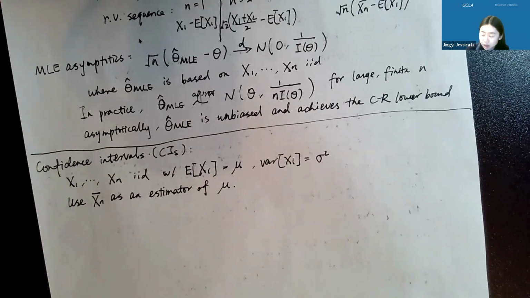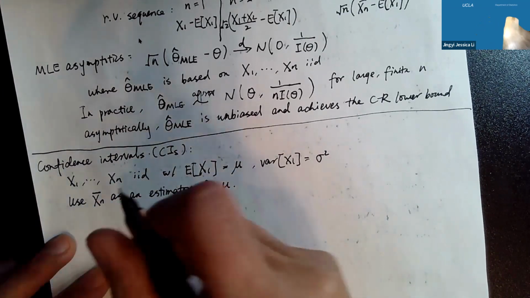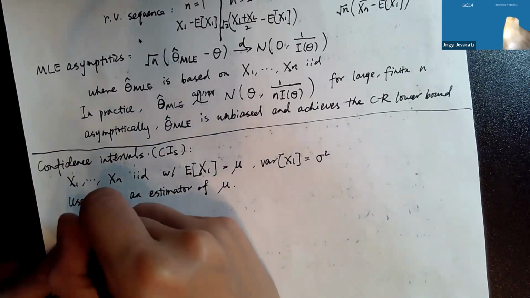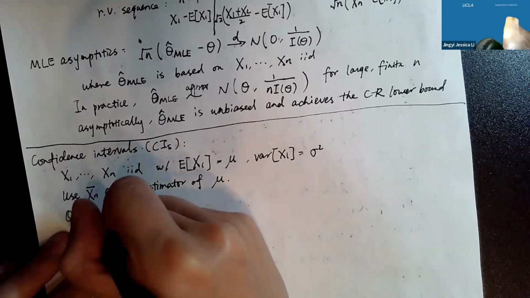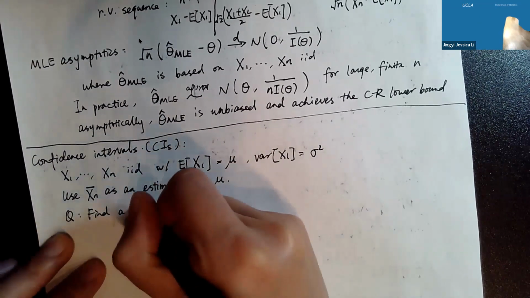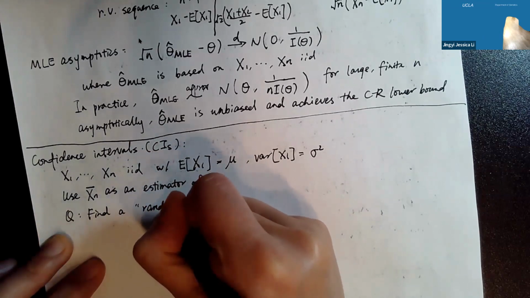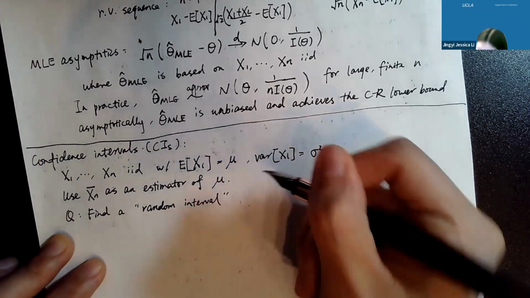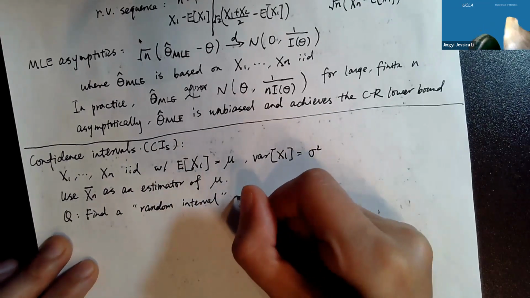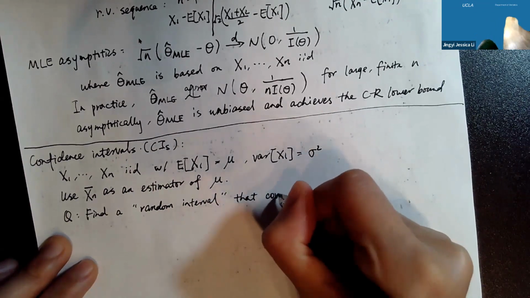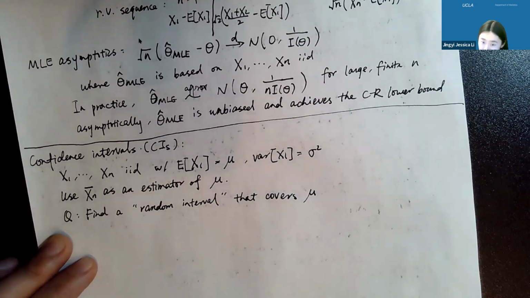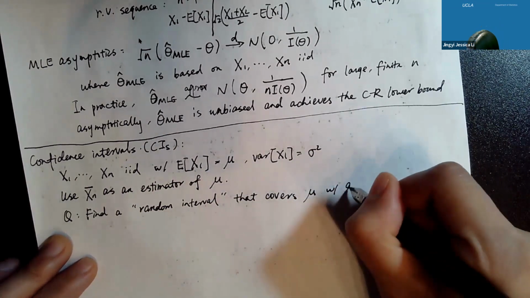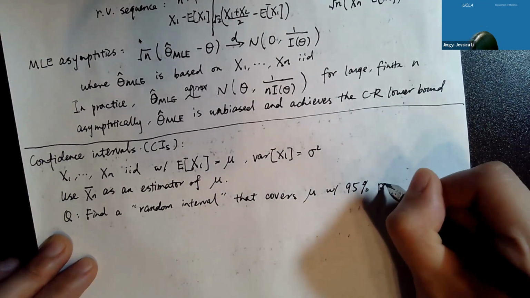We just reviewed the CLT, the central limit theorem, and we're going to apply it. The question is that we want to find, and this is the emphasis, a random interval that covers the true parameter mu with 95% probability.